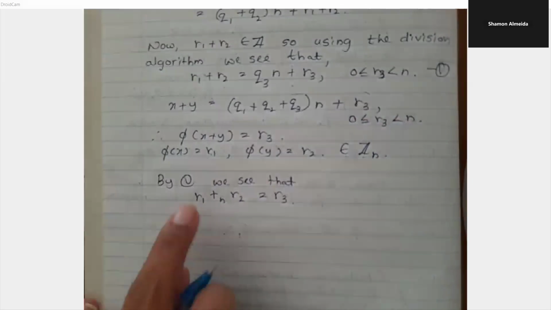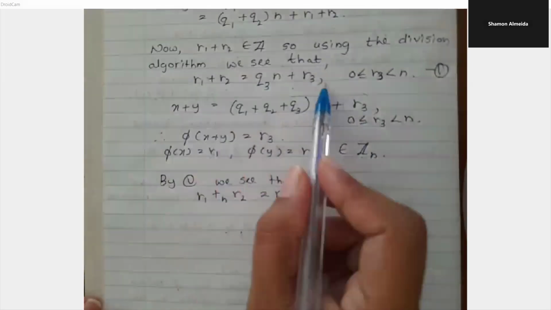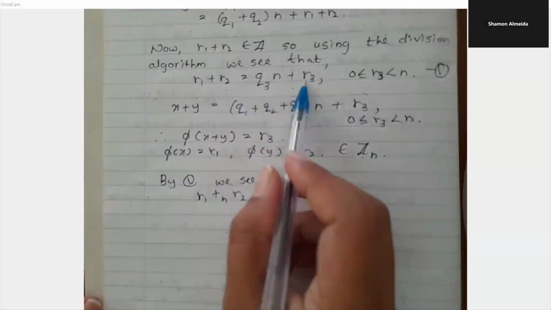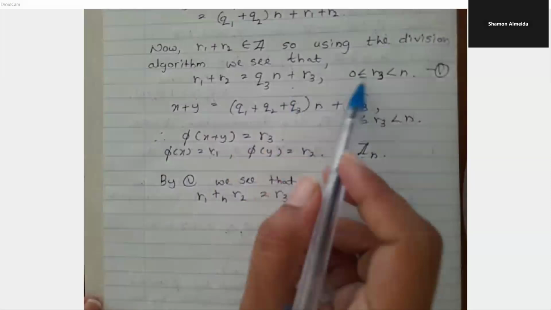You add these two numbers R1, R2, divide by n, take the remainder, that is addition modulo n. Exactly what's seen over here: R1 plus R2, when you divide by n, you get a quotient Q3, and this is the remainder, which is another number between 0 and n.